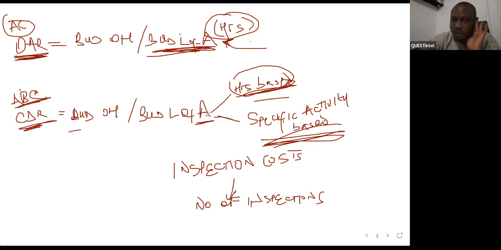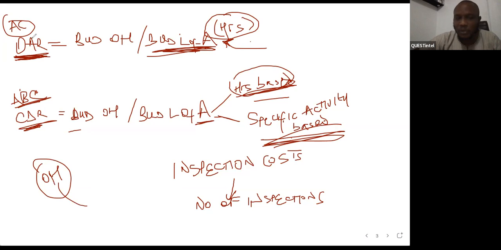One of the issues we're going to see with ABC is that it is very difficult in practice to isolate what activity is driving a particular cost. In many cases we'll find that we're not able to practically find out what the activity is that is driving that cost. And so sometimes we'll say ABC is not helping us to do anything special. Please remember this, that the overhead cost in total is the same, whether you use absorption costing or ABC.